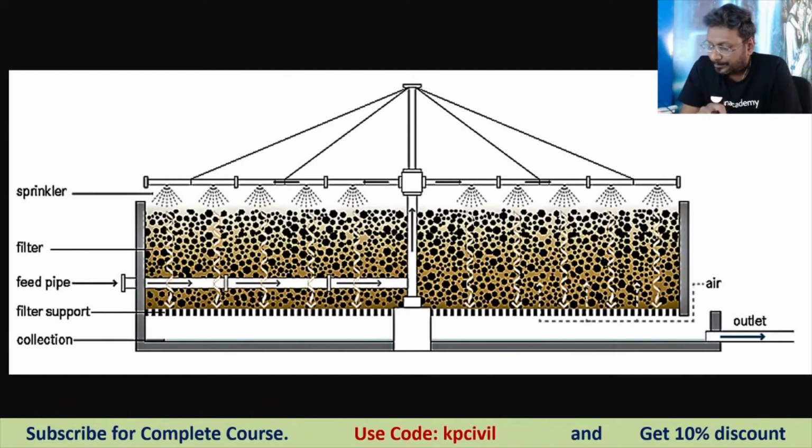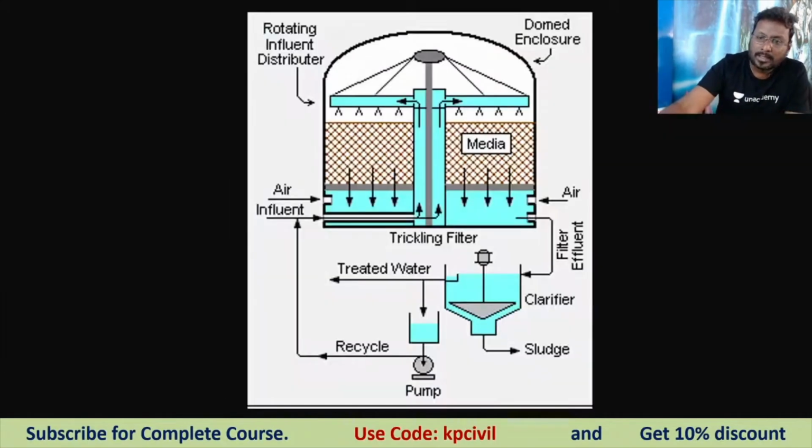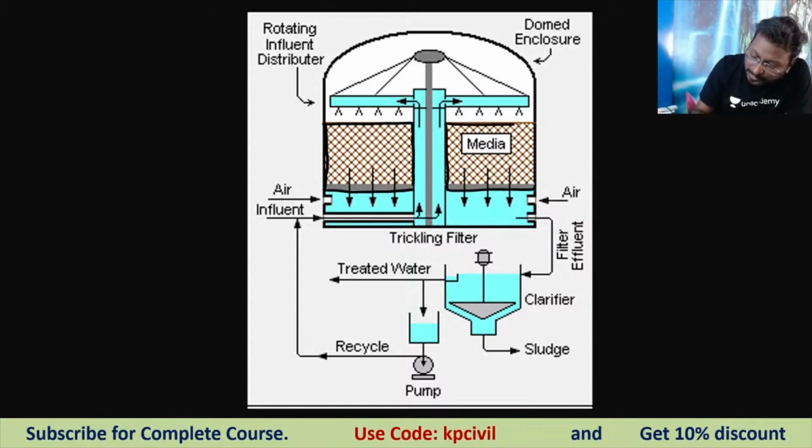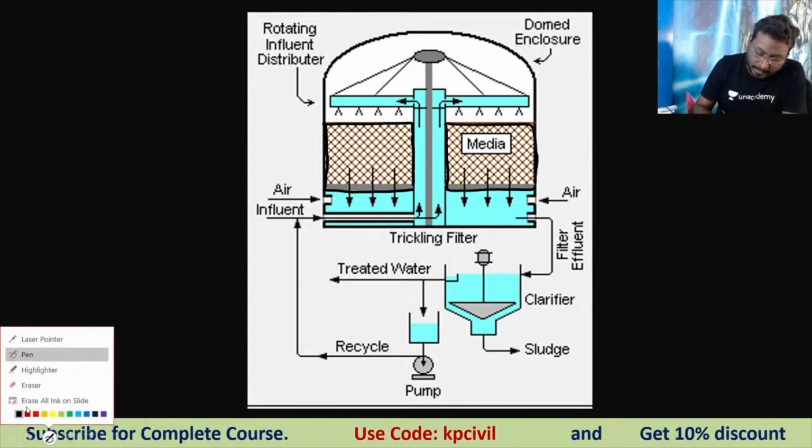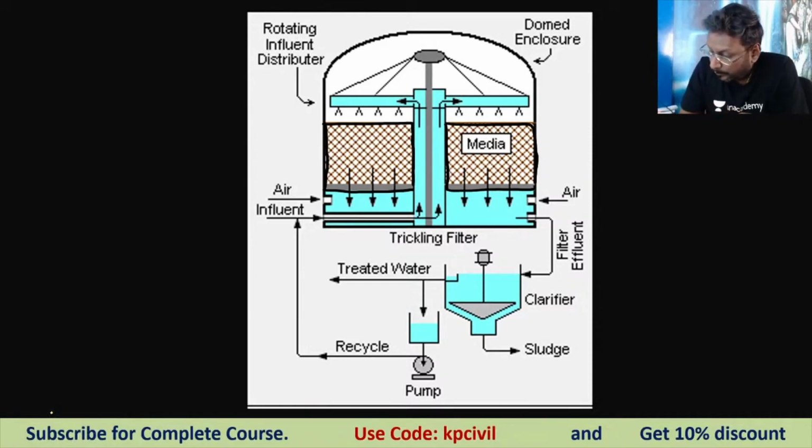Trickling filter is simply like a filter operation. So these are the filters. I will show another picture, it is easy. This is the filter media we have provided, like whatever we have studied in basic filter operation.